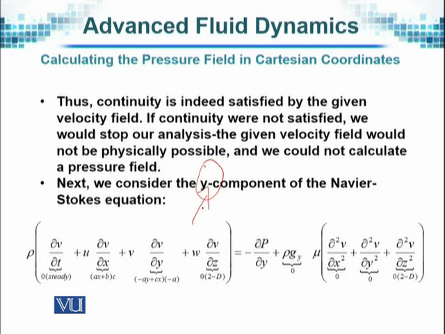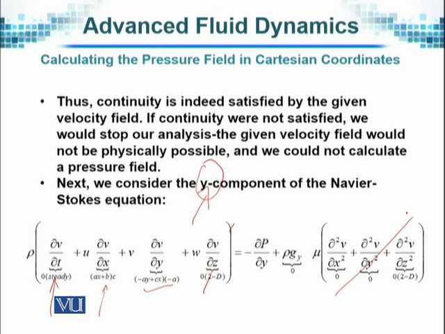Since it's a steady motion, differentiation with respect to time will not contribute anything. We get 0. From this part, the differentiation, we obtain this number, and from v by dy we obtain this contribution, and of course the z is not there, so that is 0. And from here we will have again 0, so this disappears and simplifies.